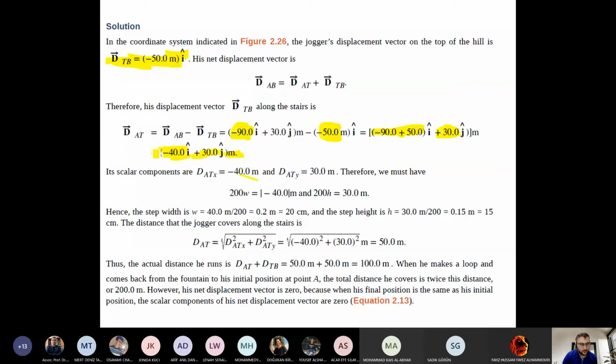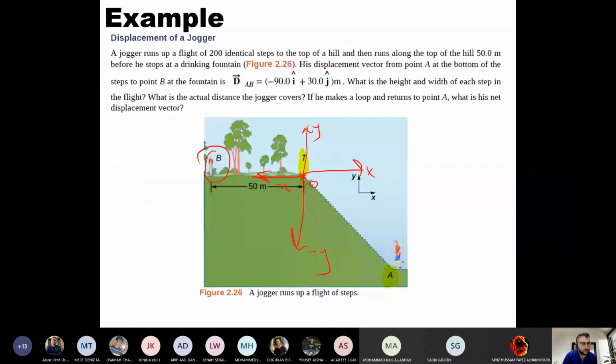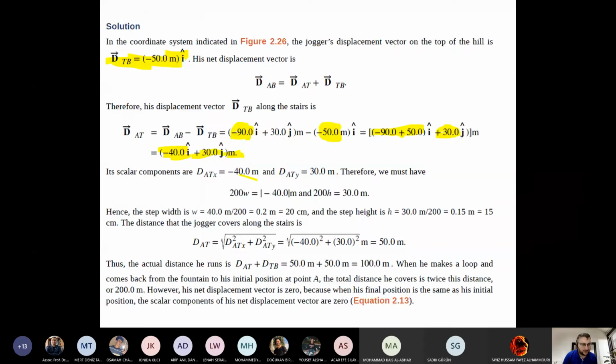This is the answer. But then you must find also height and width. What is the actual distance? Actual distance means you must calculate it. For example, write them in the components and then find the magnitude. This in front of the I hat is the x component, and the y component is in front of the J hat.